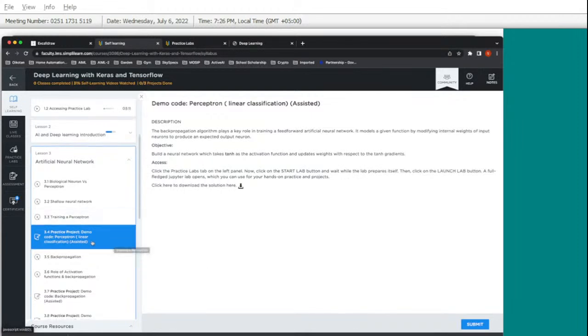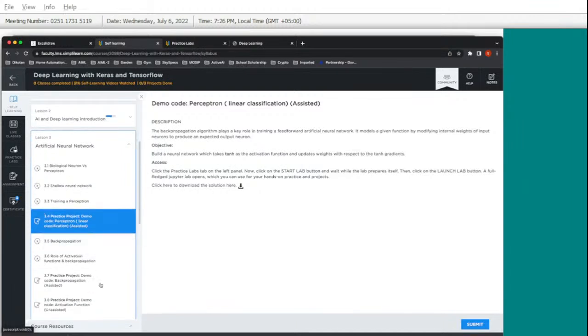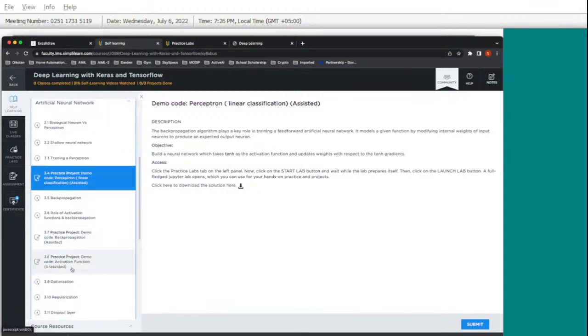If you can see this, right, there will be something written called assisted, unassisted, right? This means these are projects, these are practice projects that we will do. Okay, some we will do, some you have to do, right? As of today, we have completed introduction to deep learning.